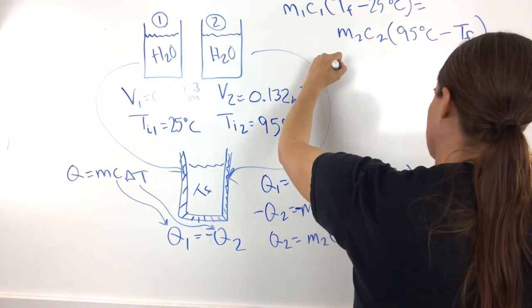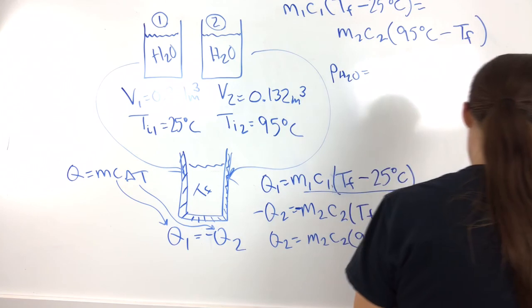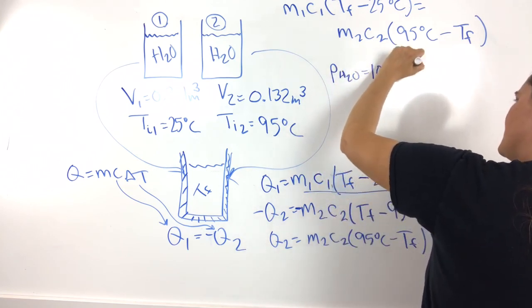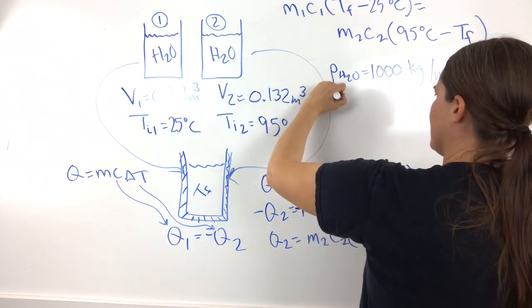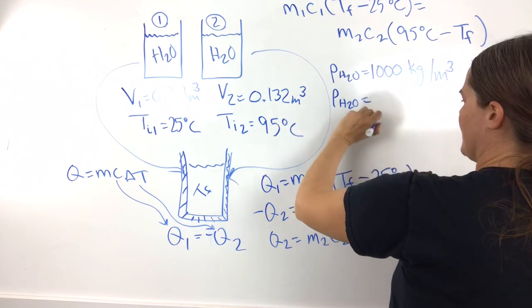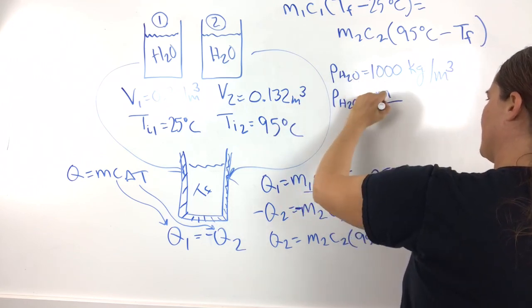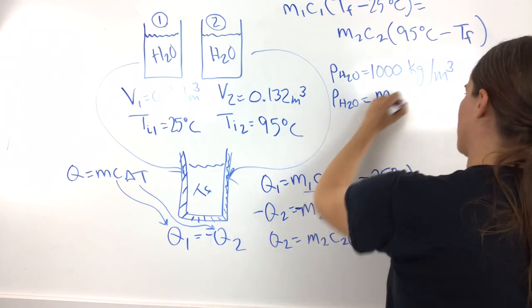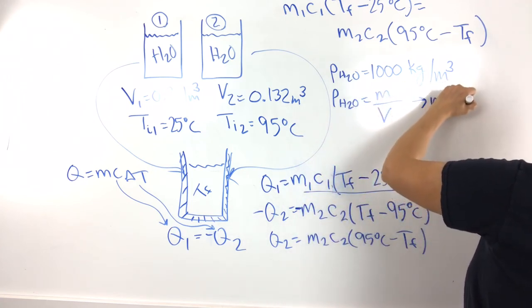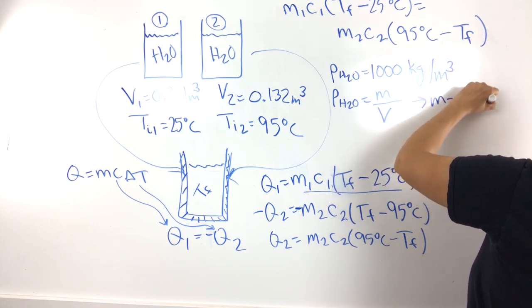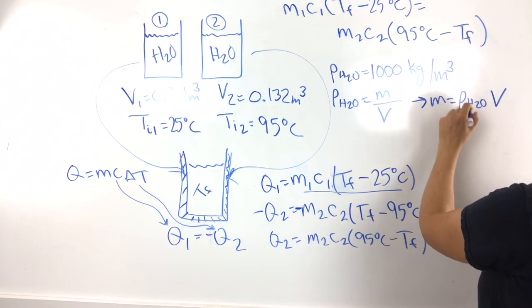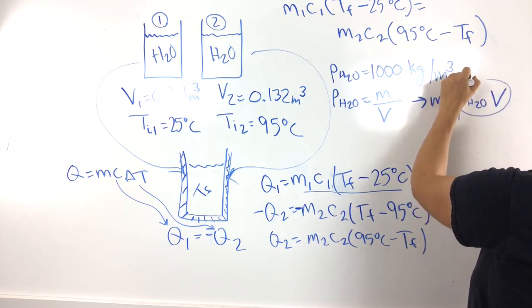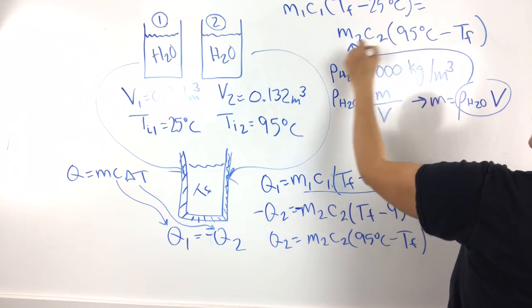The density of water is equal to 1,000 kilograms per meter cubed, and density, rho H2O, is equal to mass over volume. So the mass is equal to the density of water multiplied by the volume. Then we can plug this directly into our equations for the mass.